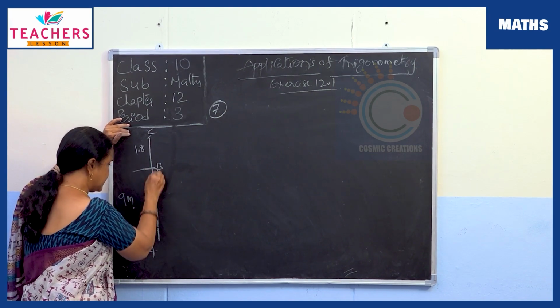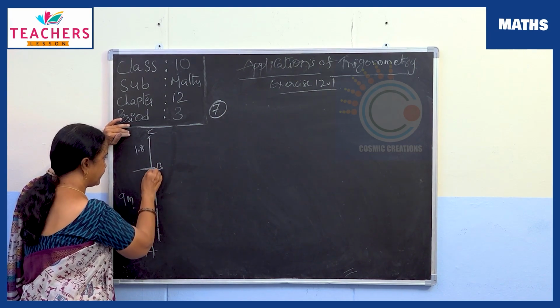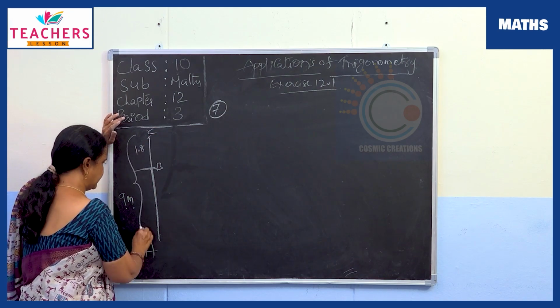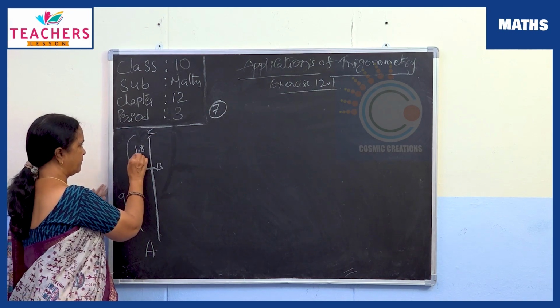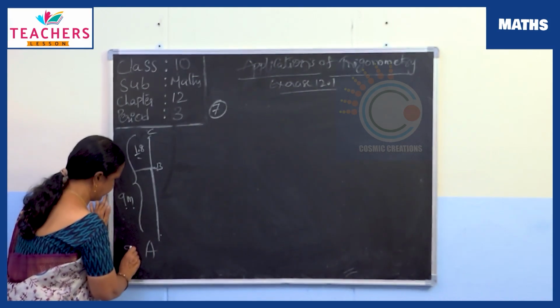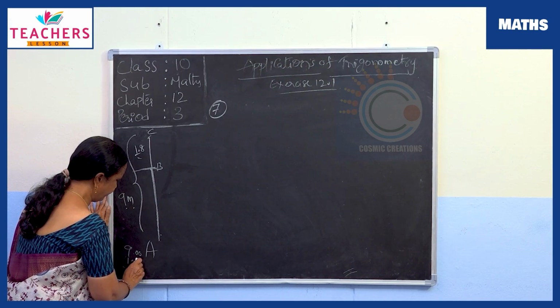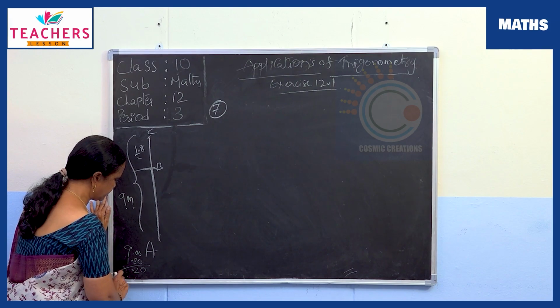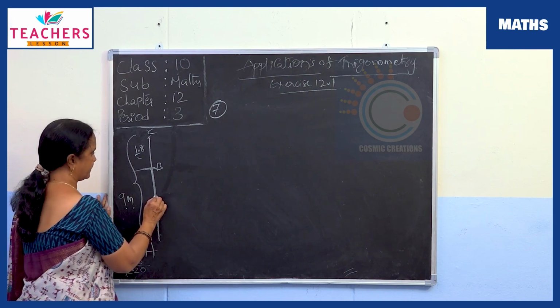What is the height between A and B? The total height AC is 9 meters. From that, 1.8 was taken out. 9 minus 1.80 is 7.2.